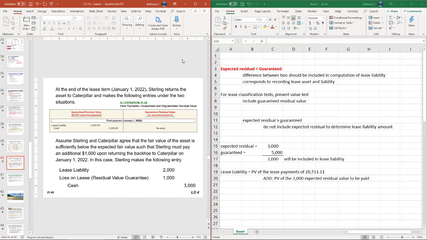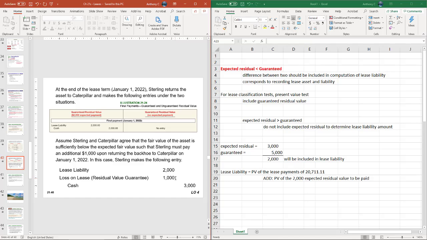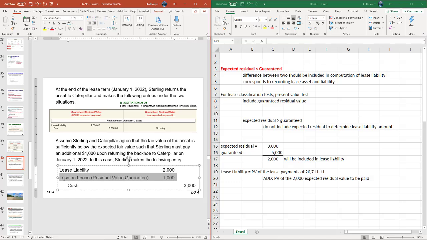In this case, we owe $1,000 more than previously expected. So instead of crediting cash for $2,000, we credit cash for $3,000. We again debit the lease liability to decrease our liability by $2,000, and the remaining $1,000 difference will be recognized as a loss on the lease of $1,000.